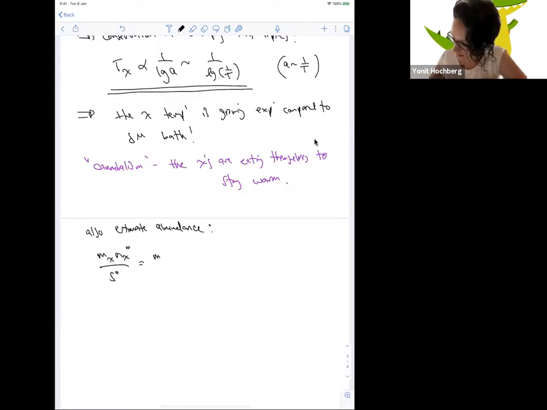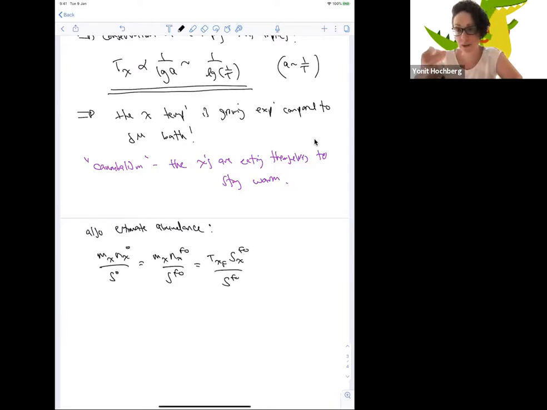So here's m chi, n chi at freeze out over S at freeze out. And now, instead of writing rho as m times n, we're going to relate it to entropy. So this will be T at freeze out of the chi sector times entropy of chi at freeze out over S at freeze out.